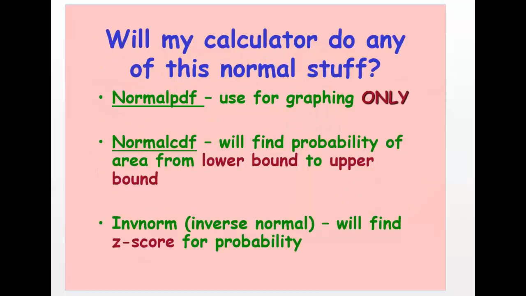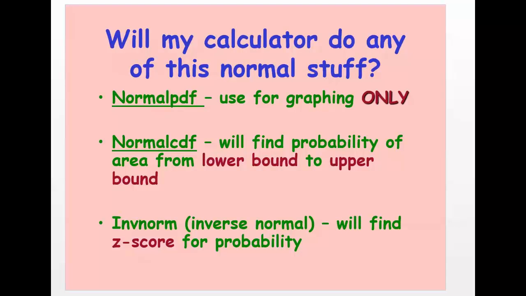I'm going to actually show you a calculator skill related to it. So there are three things that we'll go through in the next couple of examples. Normal PDF, we really don't use. PDF is like, in a continuous distribution, an equal-to case, and that probability is 0, so it's kind of useless, but we do use it for graphing.